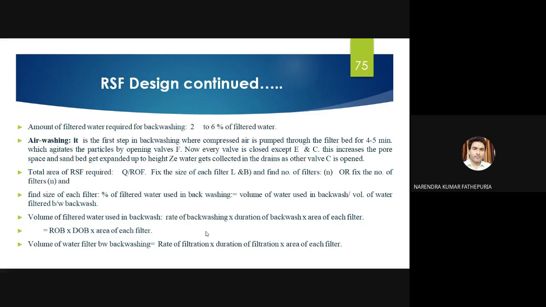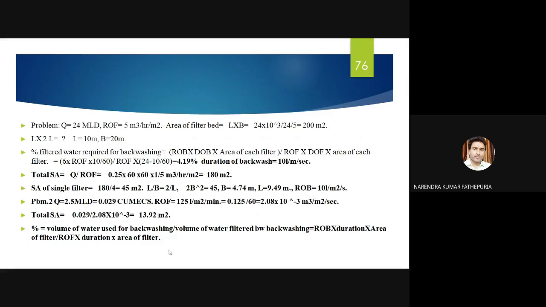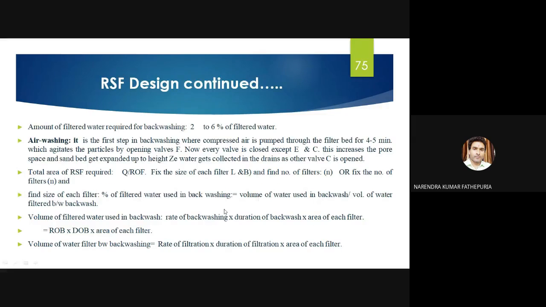Now the volume of water filtered between backwashes: you can get it from the rate of filtration, given as a standard, times the duration of filtration, also given, multiplied by the area of each filter that you have determined. Like this, you will get both parameters. You find out the ratio of both.